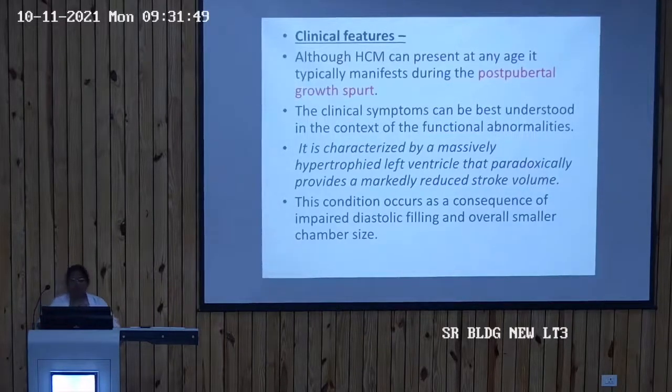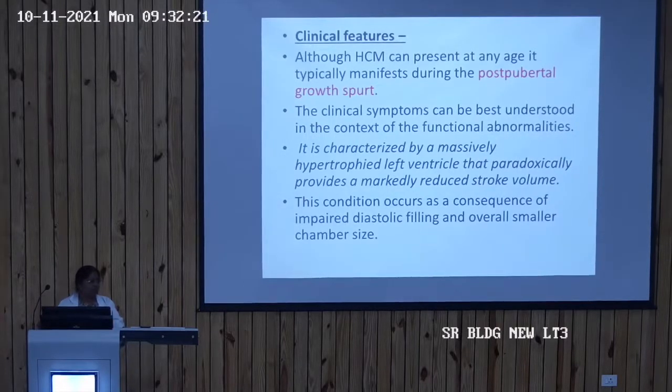Now, clinical features. They can present at any age, but it usually presents during the post-pubertal growth spurt, and it is characterized by a massively hypertrophied left ventricle that paradoxically provides a markedly reduced stroke volume. That is, the ventricle is hypertrophied, but because it does not fill properly during diastole, the stroke volume, that is the cardiac output that it produces, is very low.